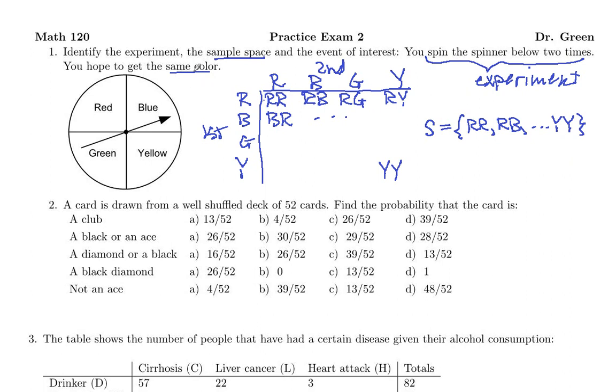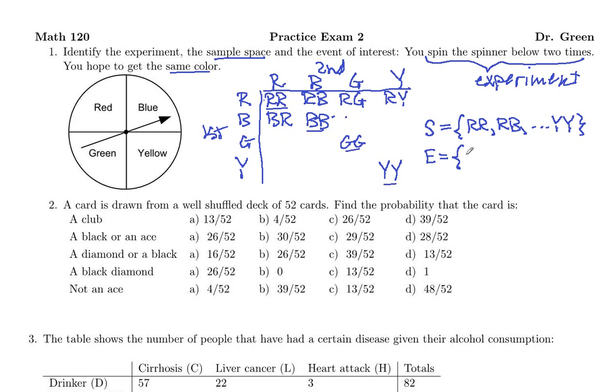And then our event of interest is that we get the same color. So let's call that event E. If they're the same color, that could be your red, red. Along this diagonal, this would be blue, blue there. And then here will be green, green. And then yellow, yellow. So all of these 4.